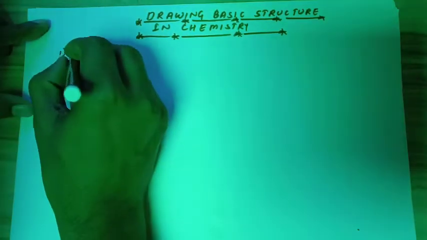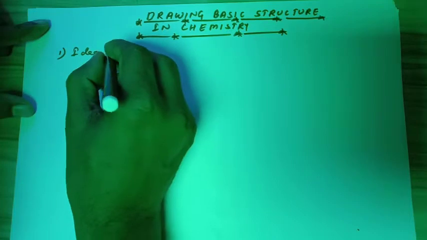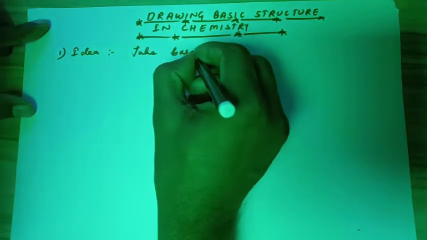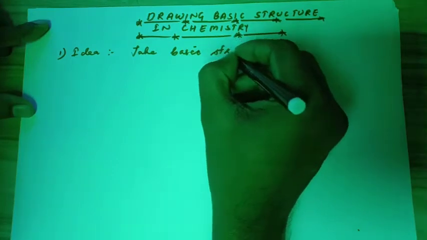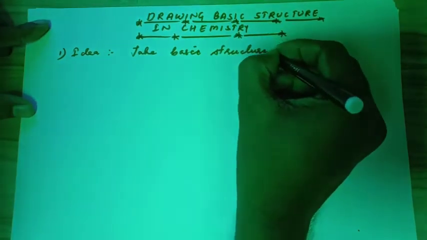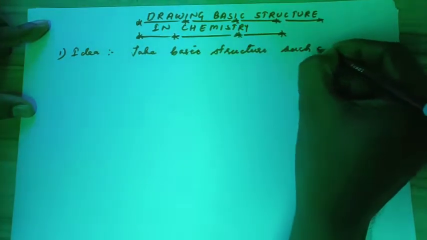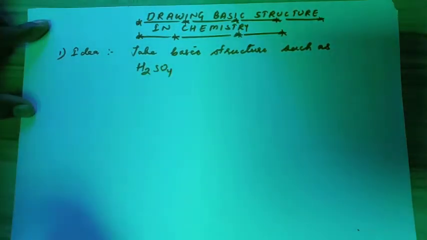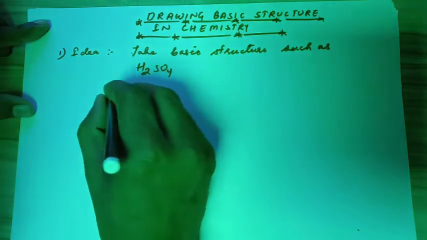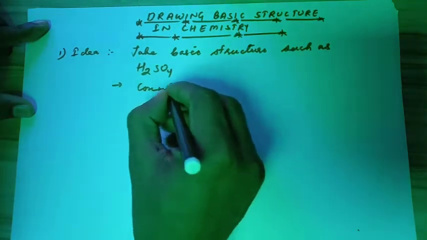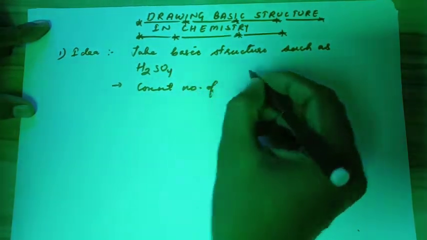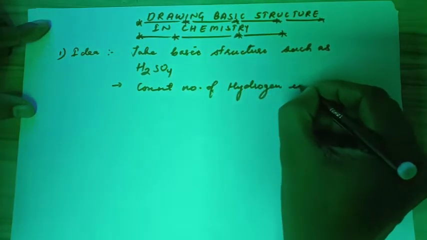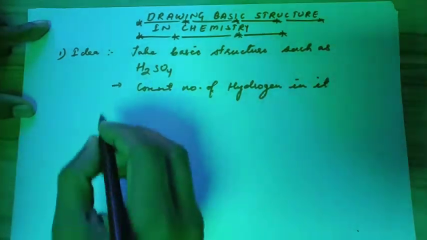First idea, take a basic structure such as H2SO4. Count the number of hydrogen in it.